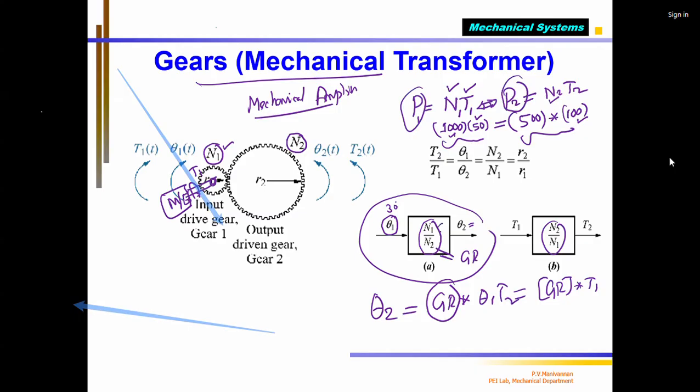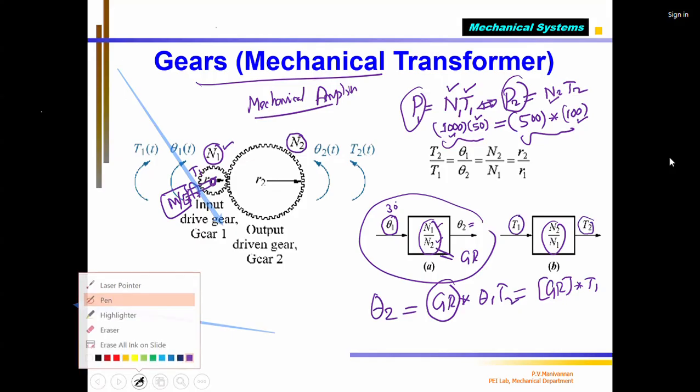For displacement or angular velocity it is the input gear speed divided by the output gear, N1 by N2. If I want to talk in terms of torque, input torque multiplied by the gear ratio, here N2 divided by N1, equals output torque. That is how much torque I will get. So that is why the gear works as a mechanical amplifier.